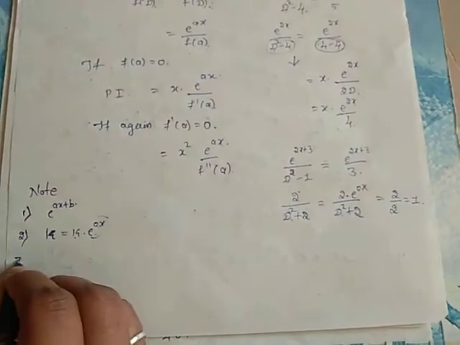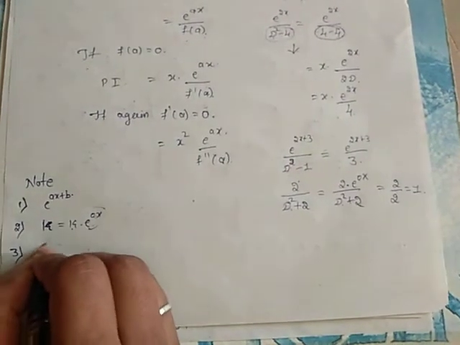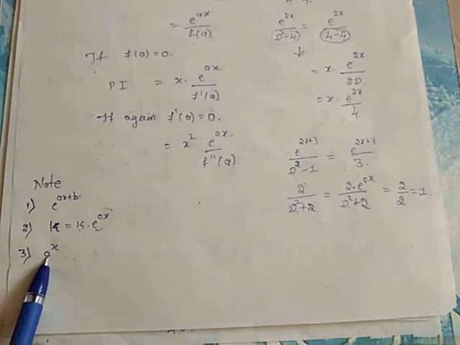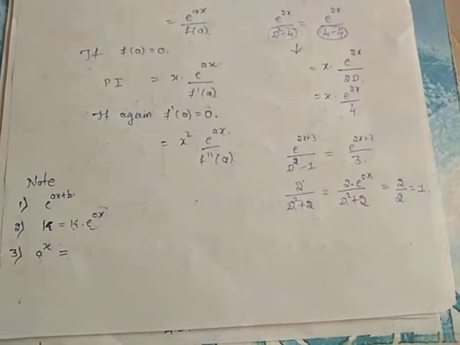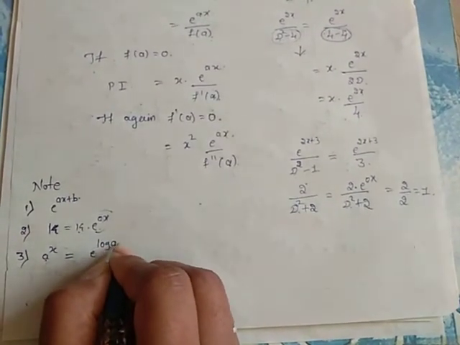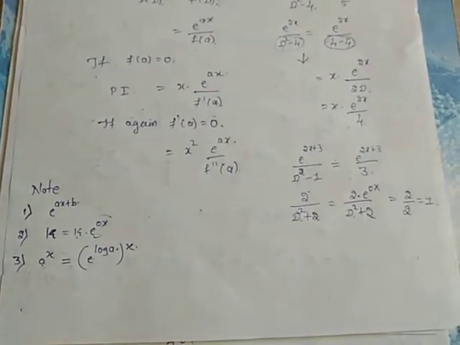So next one is, if you have a function like a raised to x, here the a is any constant, it may be positive or it may be negative. So in that case, you have to write down the a raised to x as e raised to log of a whole raised to x.